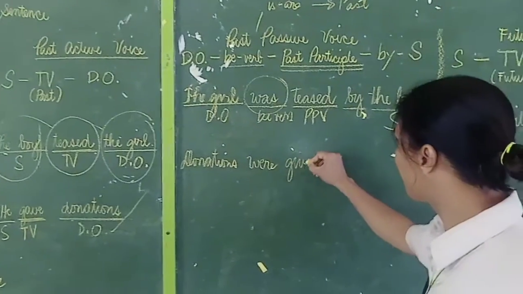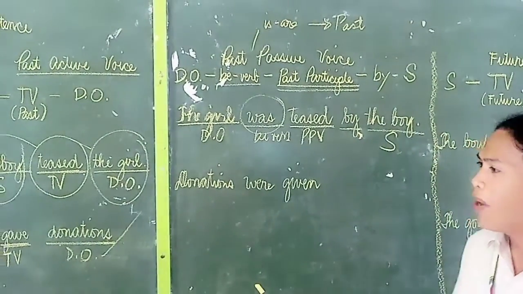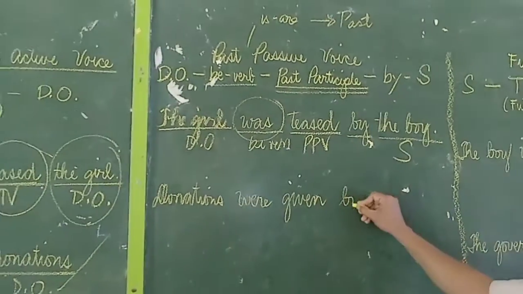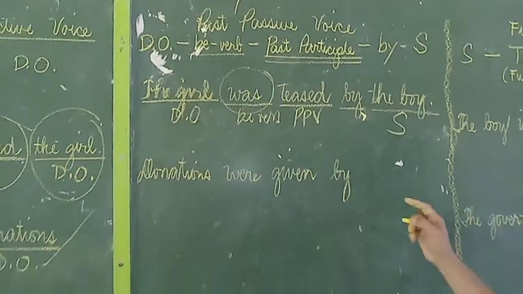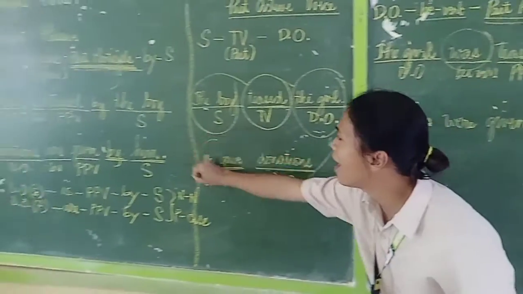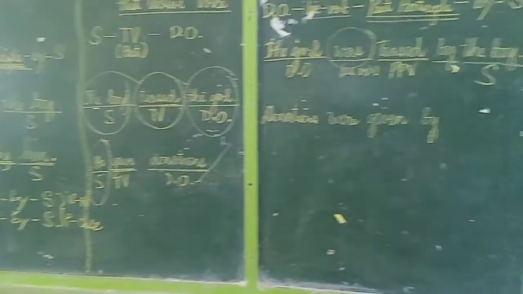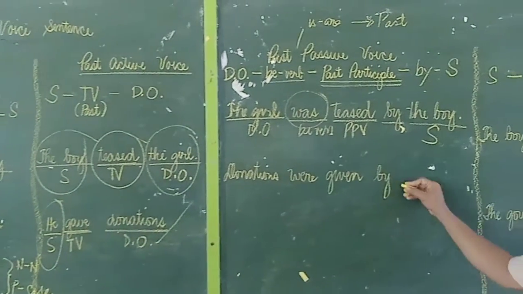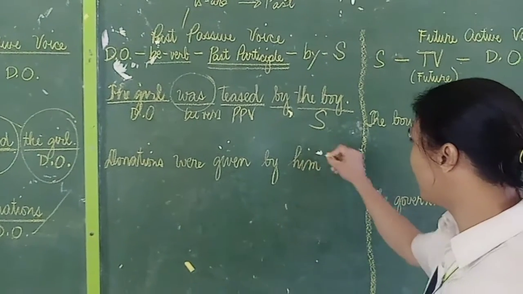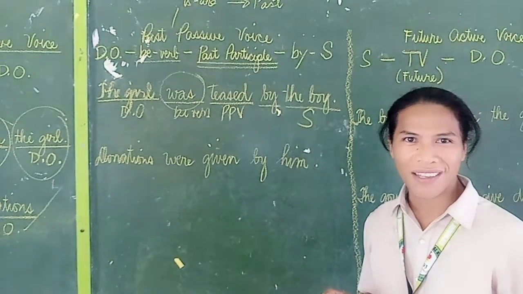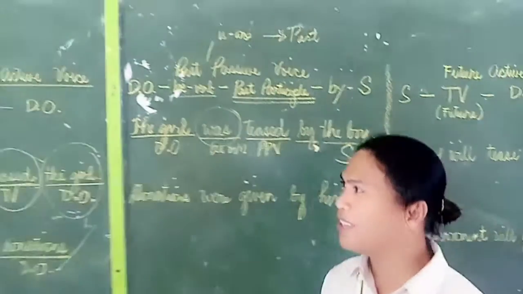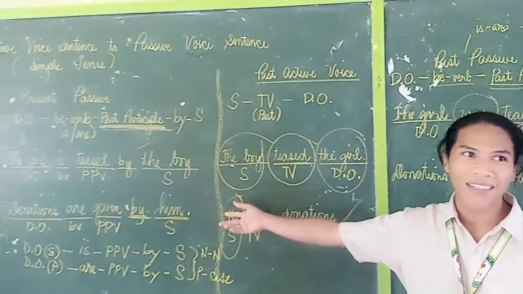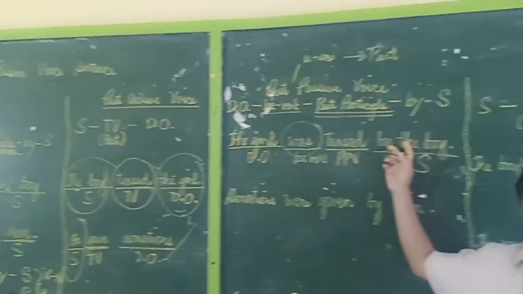Given. What about the next one? The preposition by, and then your subject. From subjective case, it becomes objective case. Very easy, no? If you master the present tense, you will also master the past tense.